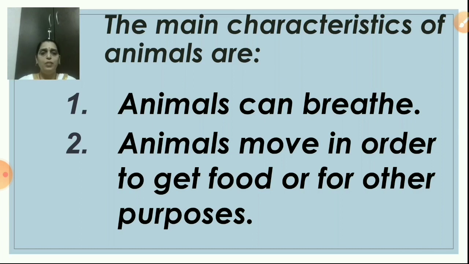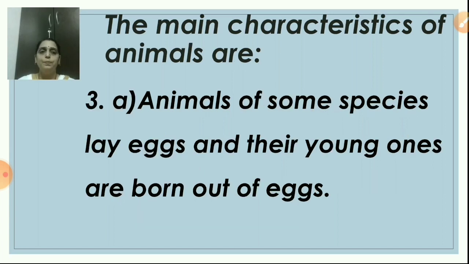Yes, even we human beings are animals and we can breathe. Now, animals move in order to get food or for other purposes. As we move from one place to another for different types of work, same way animals also move in order to get their food or for other purposes.